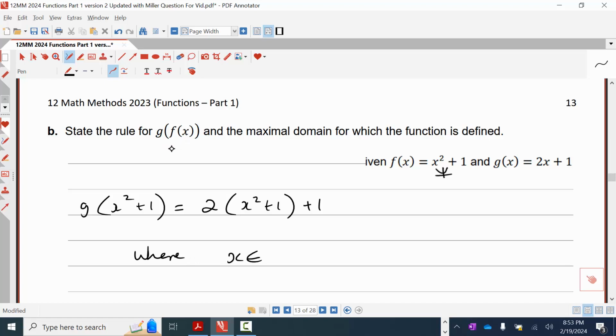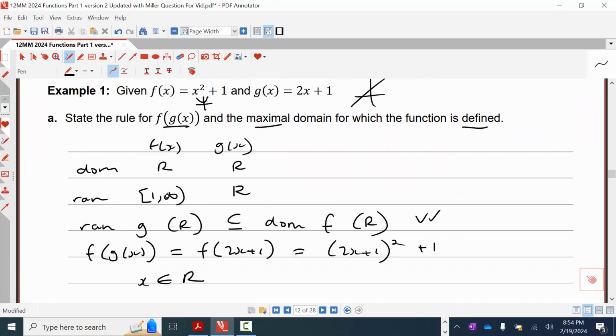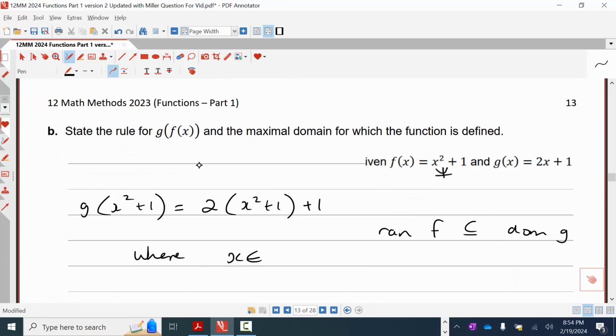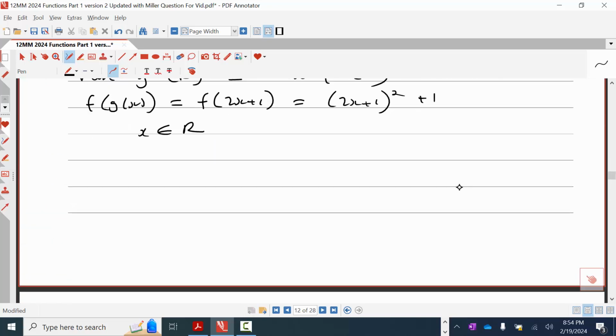Now let's just check whether this composition is going to work. Okay, so I'm going to add a line off to the side here. The range of the inside, so the range of f, has to be a subset of the domain of g. So let's just check that. What was the range of f? I'm going to scroll up to my original table. The range of f is 1 to positive infinity. The domain of g is all real numbers.